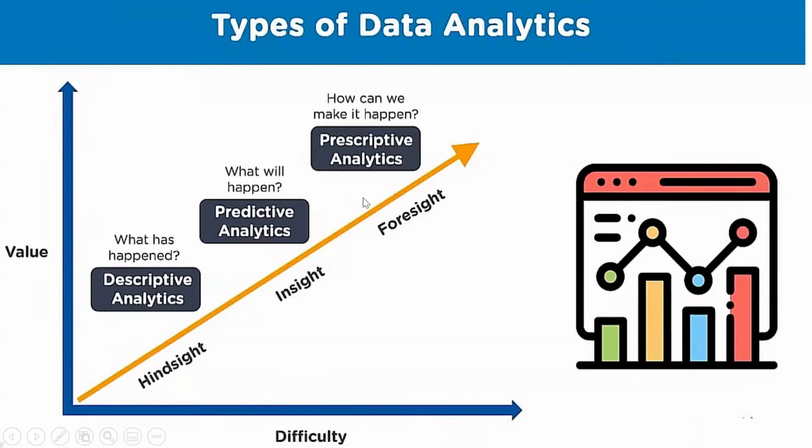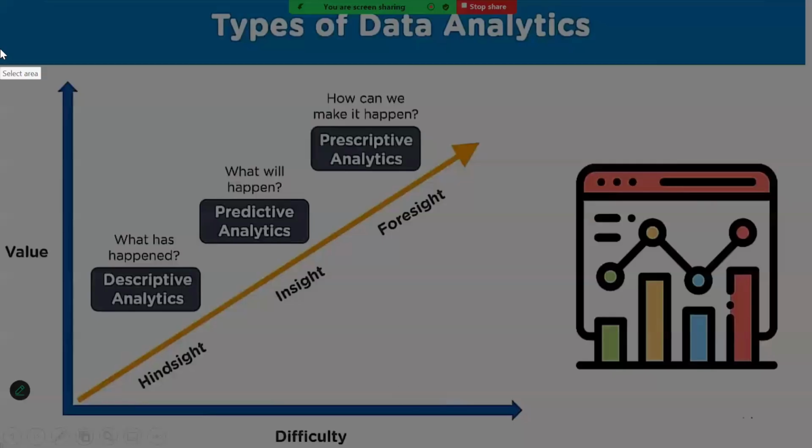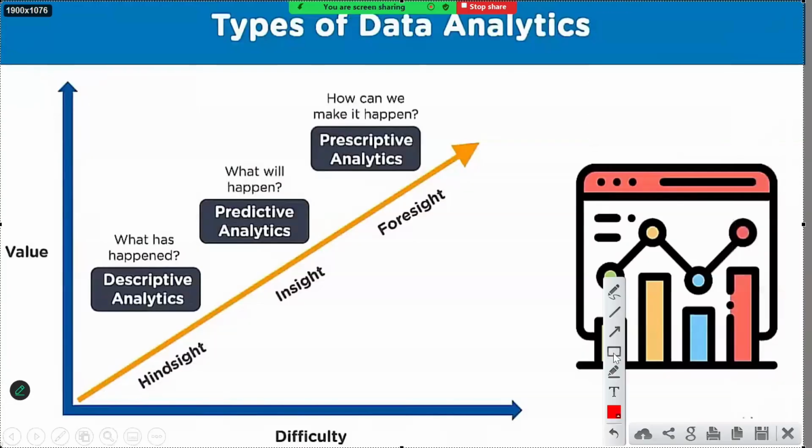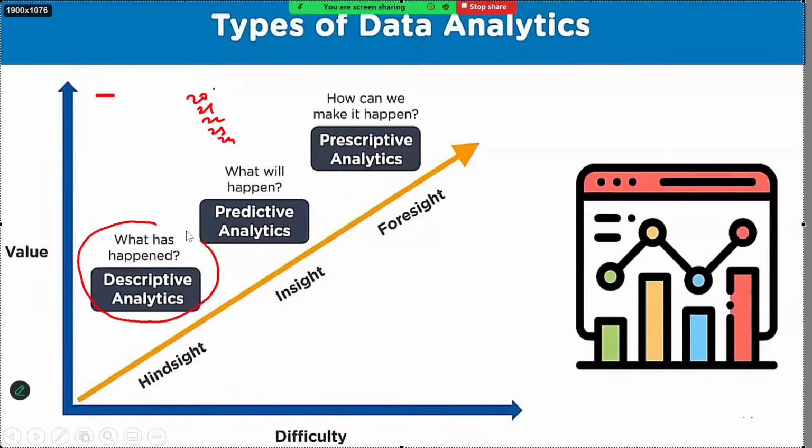These are the three types of analytics you should mainly understand. Descriptive analytics will tell what has happened. For example, at the start we took an example: TCS data for 2020, 21, 22, 23, 24, and what we analyzed had already happened.